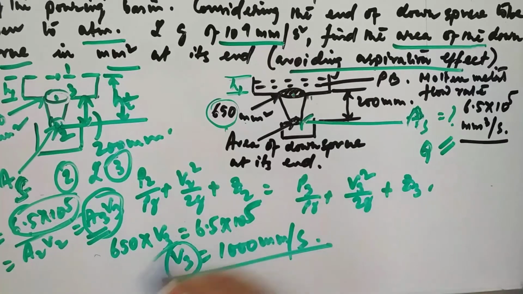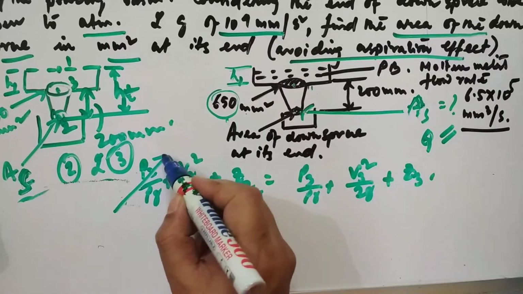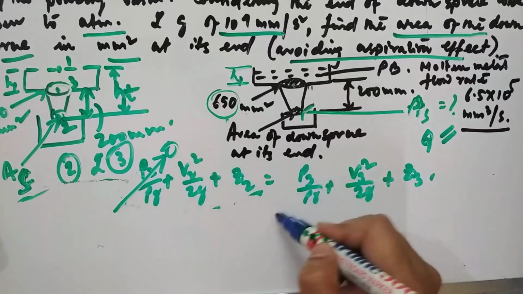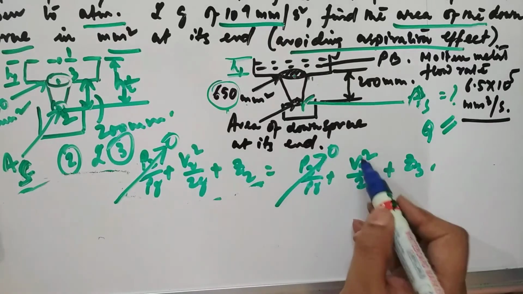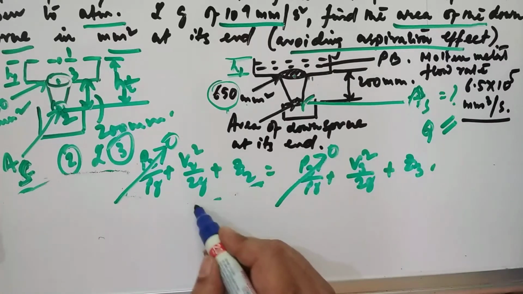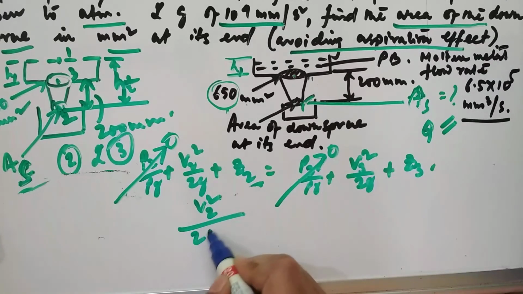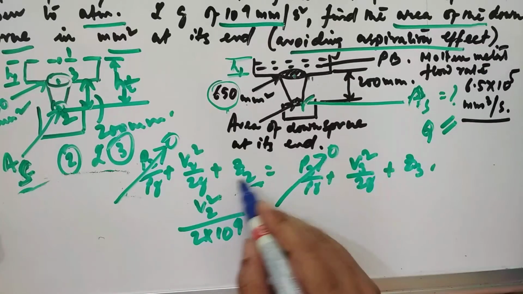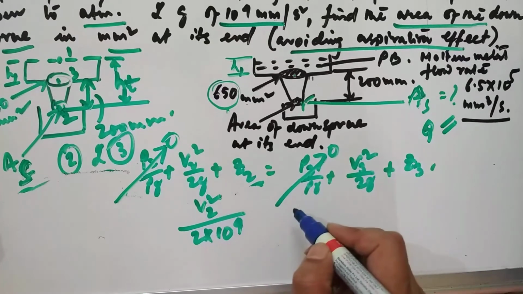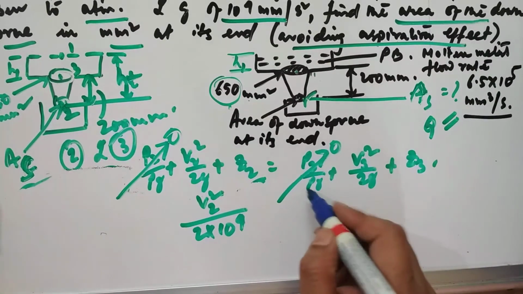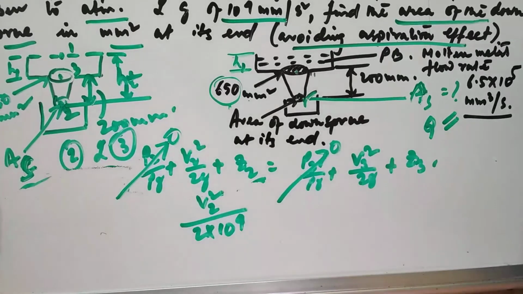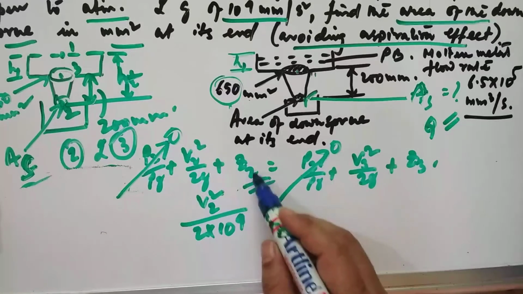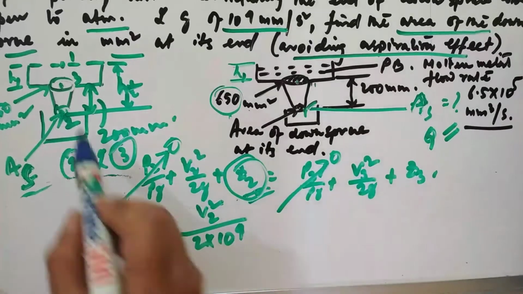So we have got V3, then we have to substitute over here. Considering this pressure term as 0, we have V2 square by 2 into g, where g is 10 to the power 4, plus Z2. Z2 will be 0, we don't have to consider it, as we are taking this as the base.